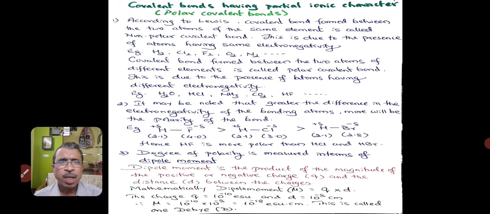This is called 1 debye. A dipole moment of 3.5 debye means 3.5 into 10 raised to minus 18 ESU centimeter.